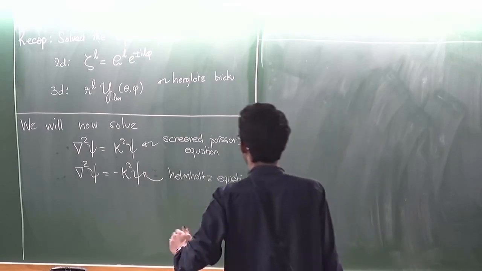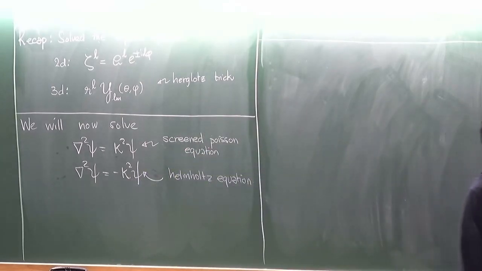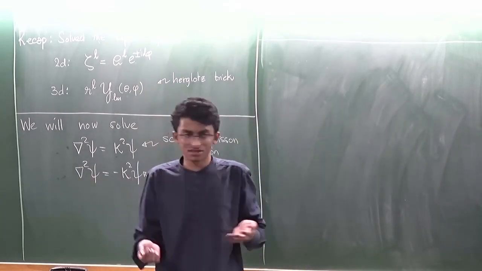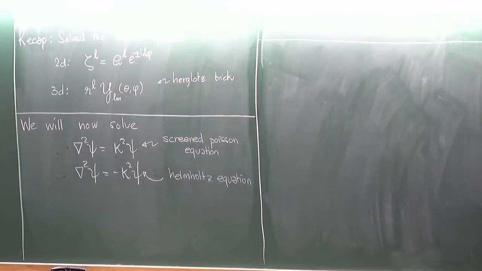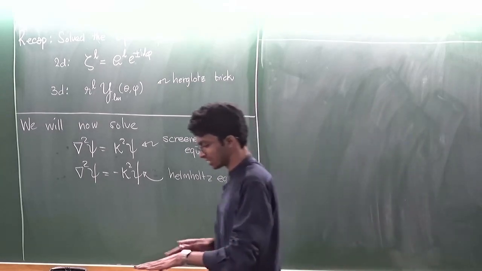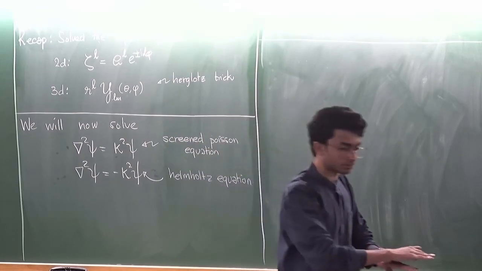In particular, today I will be interested in the spherically symmetric solutions of such equations. By which I mean, if you're solving the 3D problem, say the Laplacian you're taking to be 3D, spherically symmetric basically means that the solution must only depend on R. If you're solving it in 2D, spherically symmetric means that you are only dependent on the radial coordinate, which on the plane I will take to be always rho.